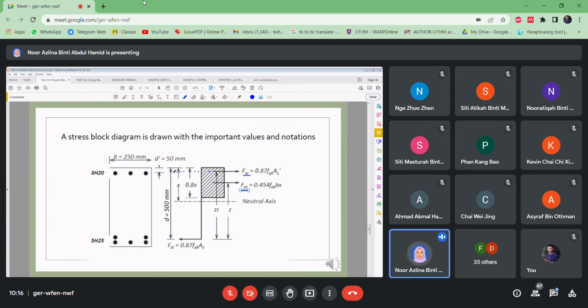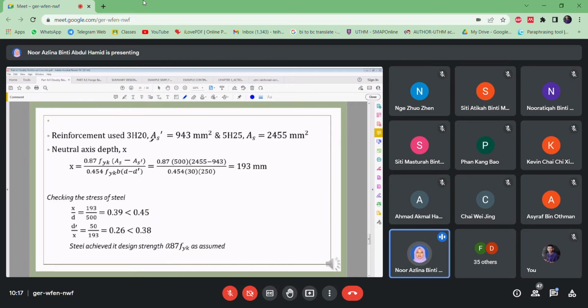It should be level with the positions of compression reinforcement. And we have another one, FST, which is force for steel in tension. So this one should also be at the same position as the steel in tension. So we have these three internal forces.